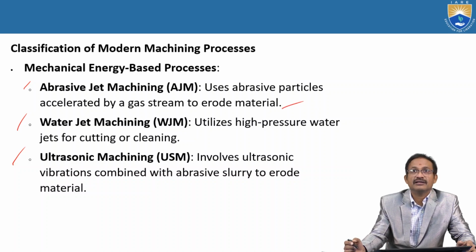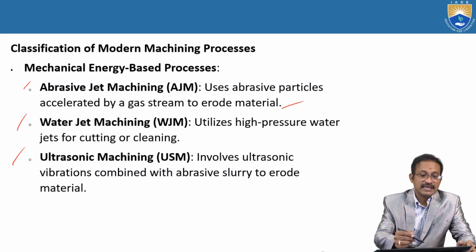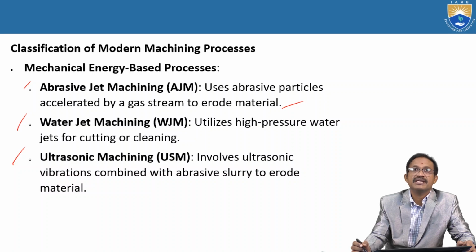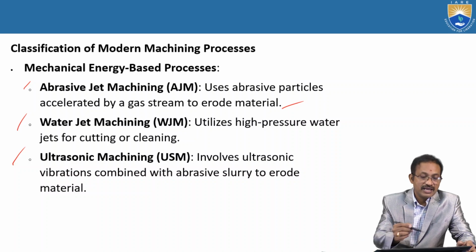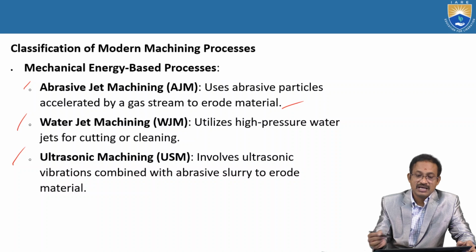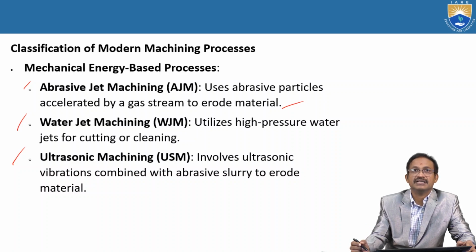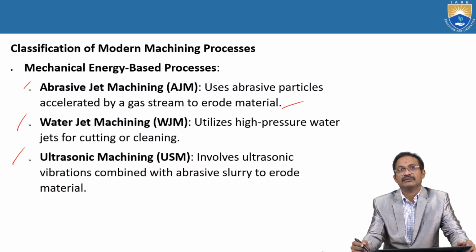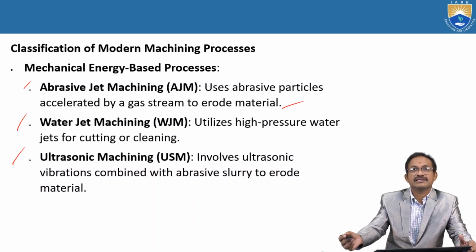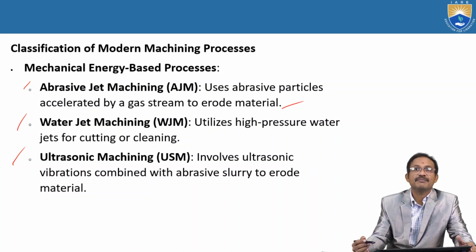In water jet machining we use high pressure water jets for cutting or cleaning. Usually we see high pressure water used for cleaning, but it can be used for cutting metals also. You can imagine how much pressure is required.